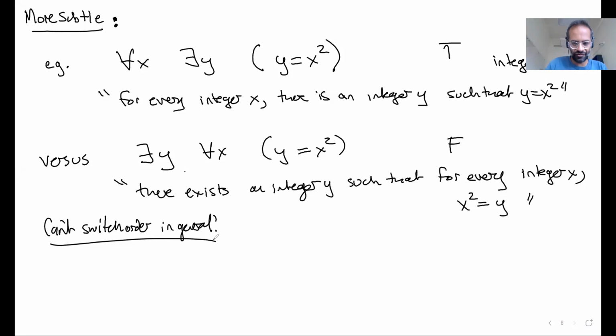And maybe this was a little tricky because it was sort of about numbers. Just to make this clear, since this is a very important point, let me show you one more example.